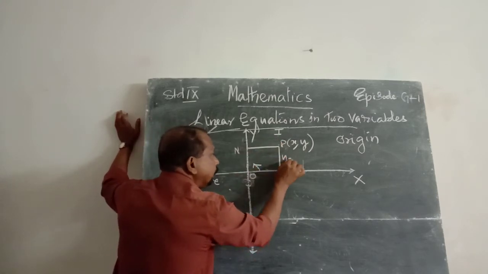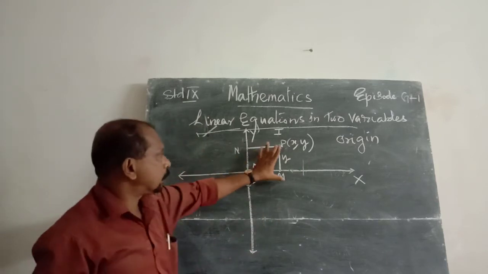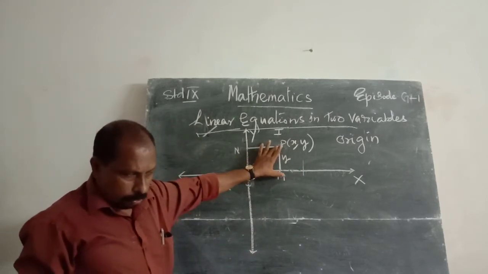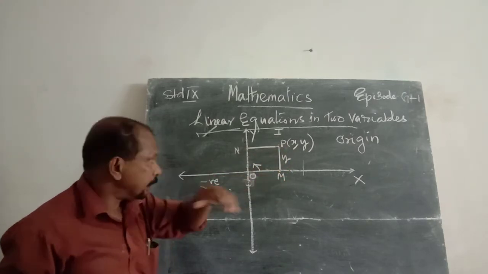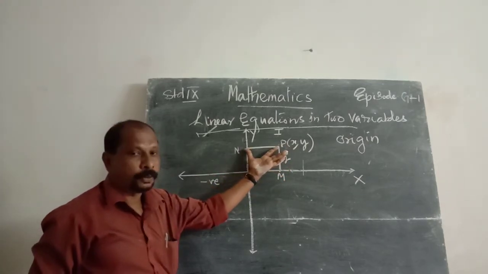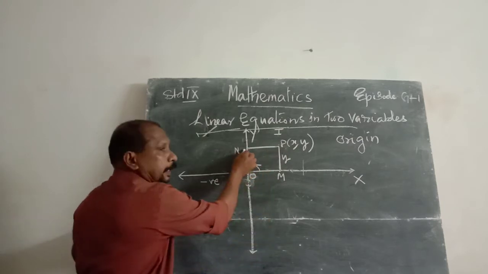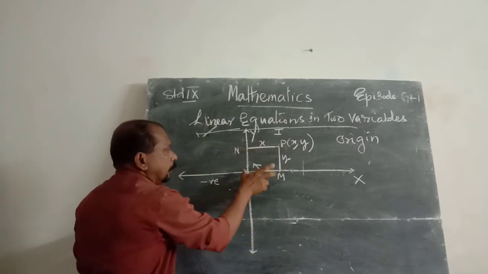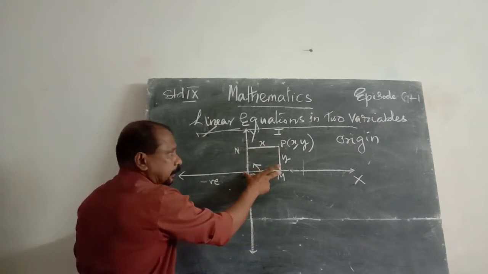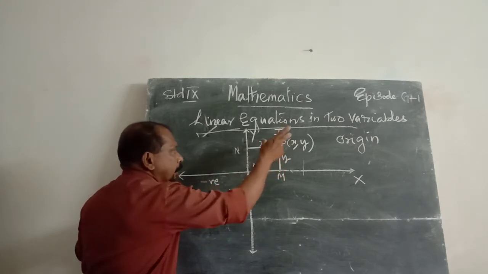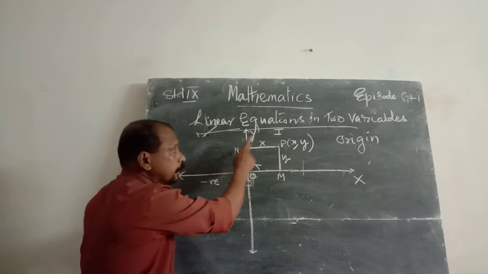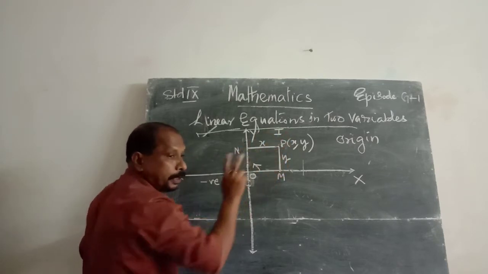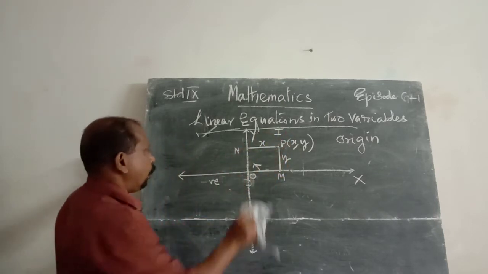Therefore, the distance of that point from the x-axis is y. Also, the distance of that point from the y-axis is x. Therefore, x is the distance from the y-axis, and y is the distance from the x-axis.